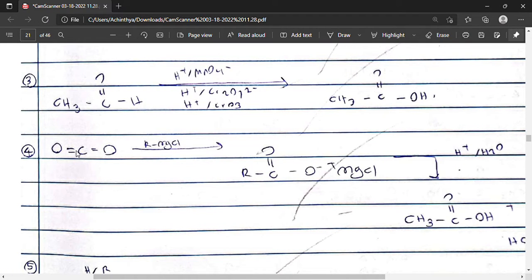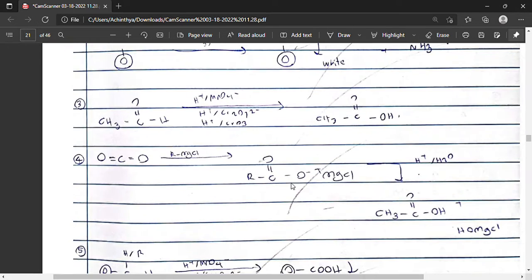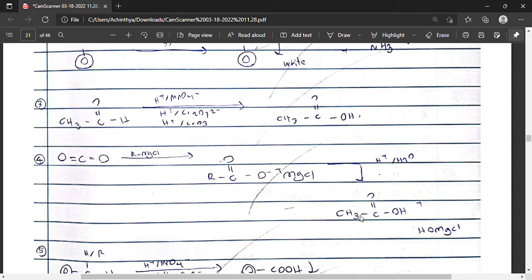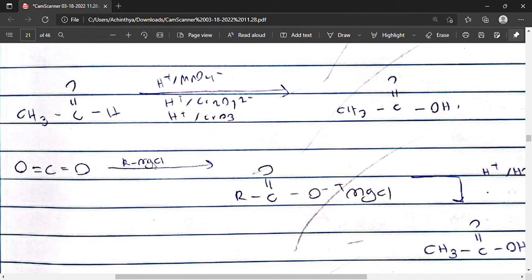It acts like a double carbonyl group, and we can hydrolyze this compound to get a carboxylic acid, and we get this byproduct. As we can see, the MgCl attaches to this oxygen, while the R attaches to this carbon.